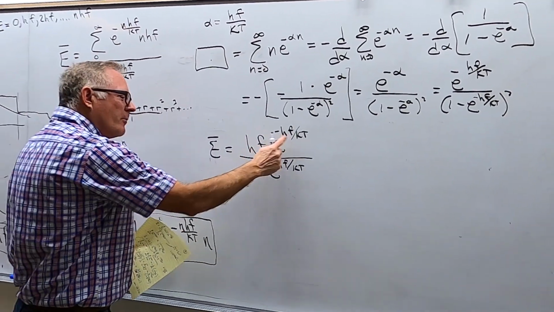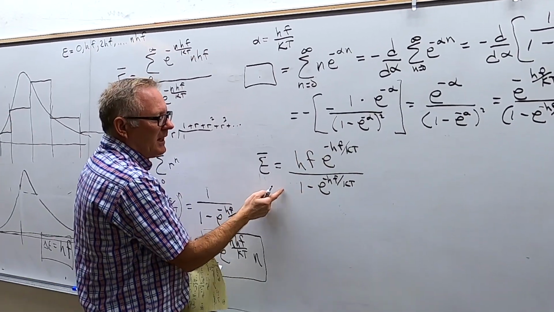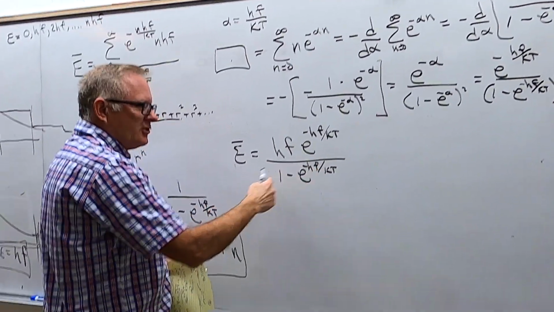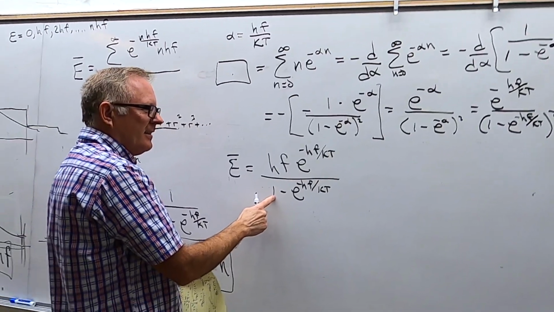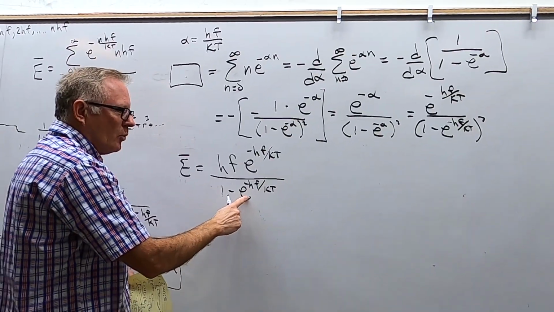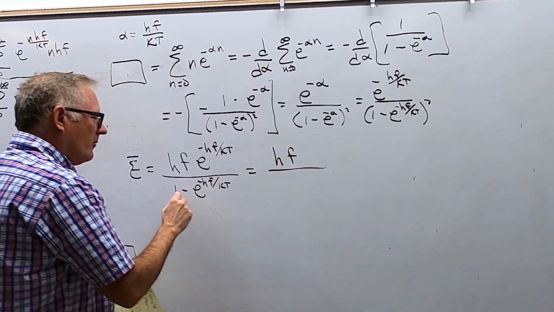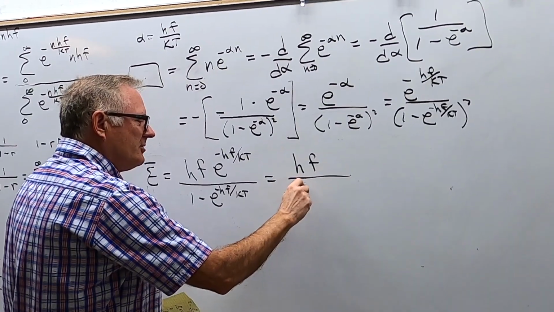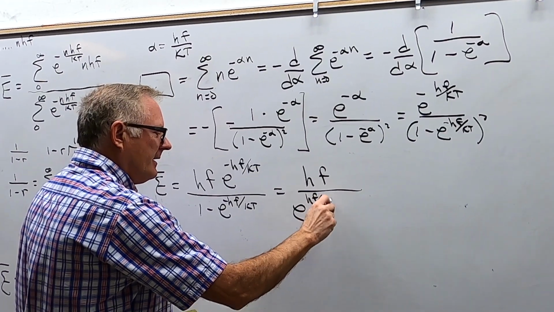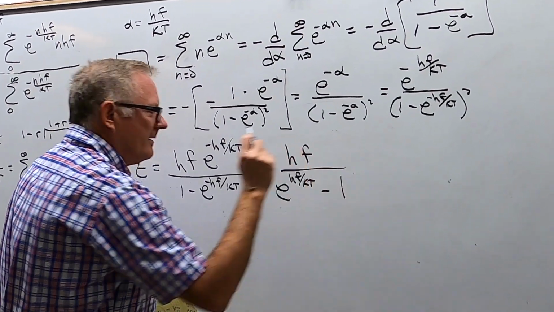If I bring it down to the bottom, it becomes e to the plus. And I'll multiply it by each term. When I multiply it by this, it's e to the plus, and when I multiply that, it becomes 1. So this is just hf all over e to the hf over kT minus 1.